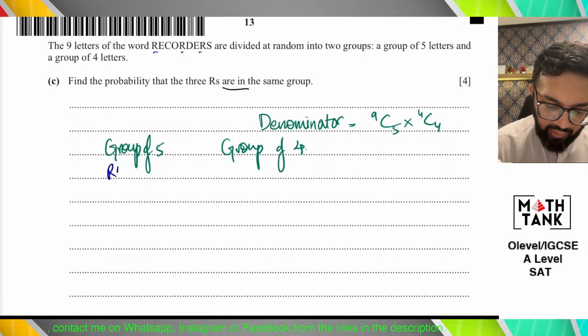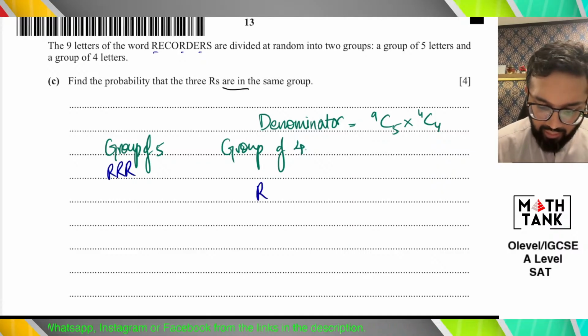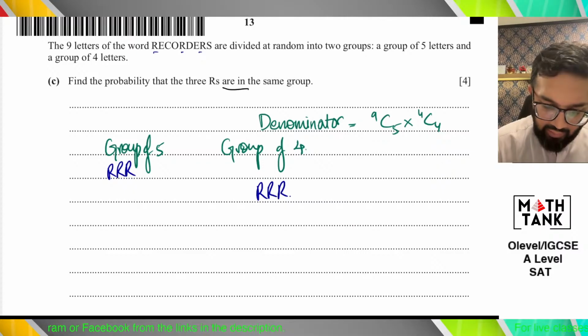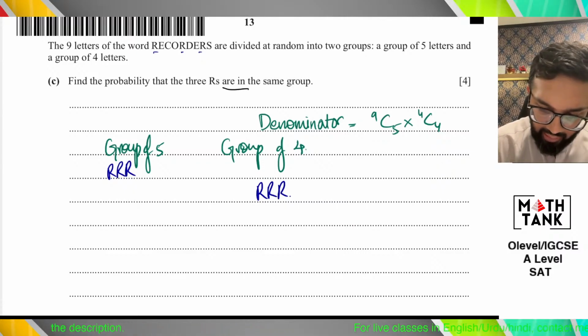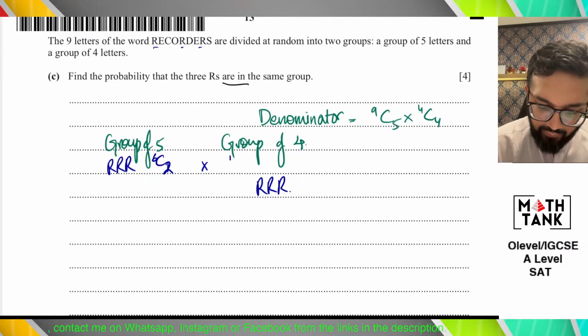Okay, so the R's could either be here or the R's could either be here. In case the R's are here, then 3 R's are gone and I have 6 other letters. So 6C1. I don't have 6C1, sorry, 6C2 and then 4C4.